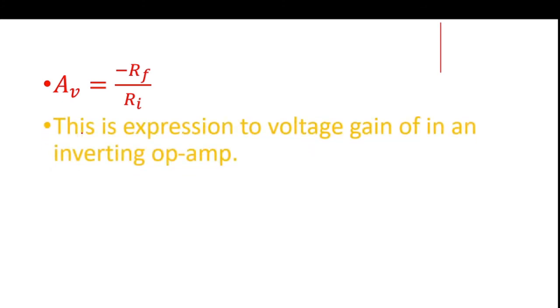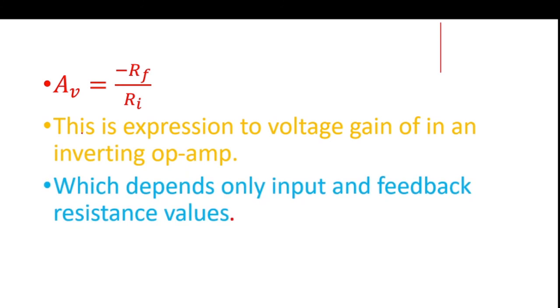Therefore the voltage gain AV equals minus Rf divided by Ri. This is the required expression for the voltage gain of the inverting operational amplifier, which depends only on the input and feedback resistance values.